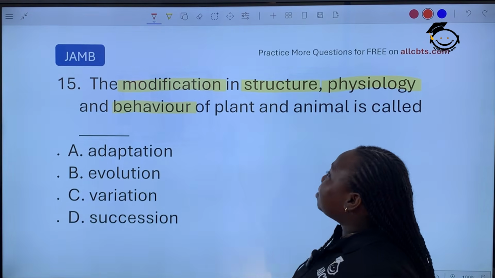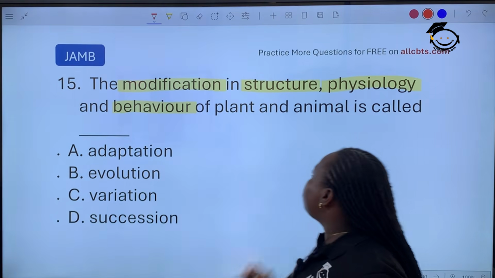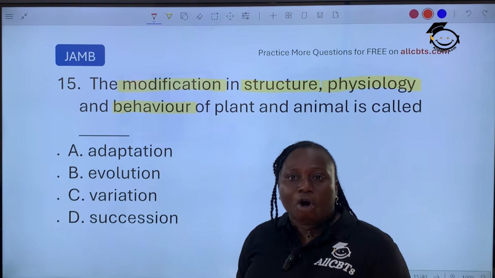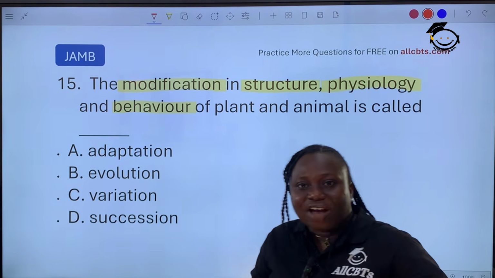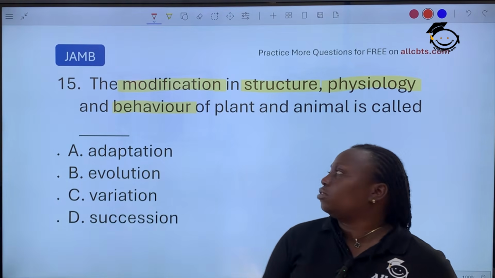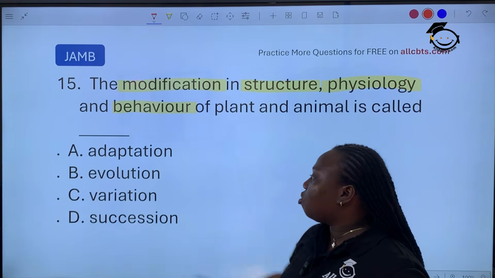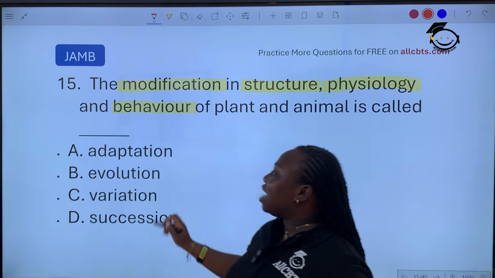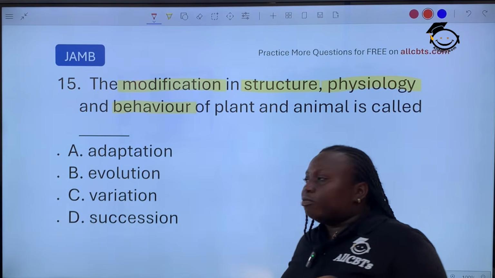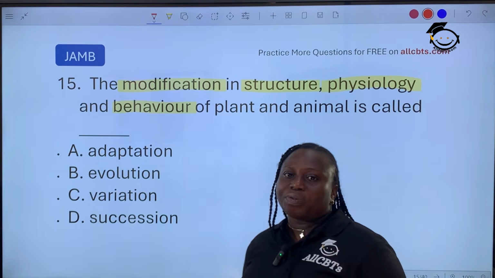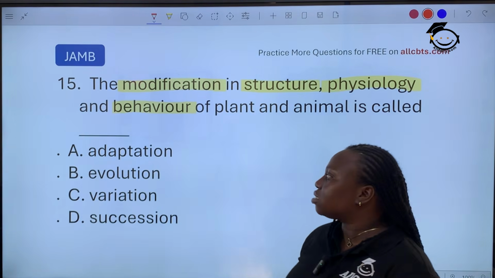So they're telling us about the ways, the behavior and the structure that living things pick up to survive and blend into their environment. What is it called? Is it adaptation, evolution, variation or succession? Adaptation is when an organism is trying to cope and survive in a space.